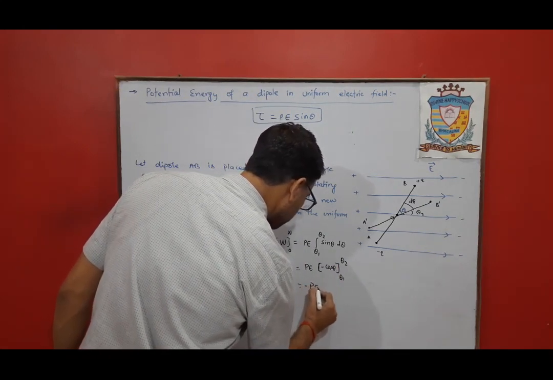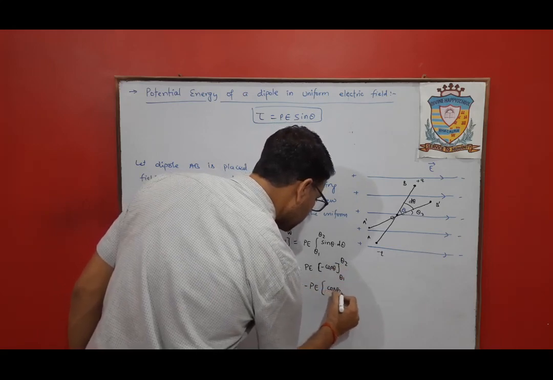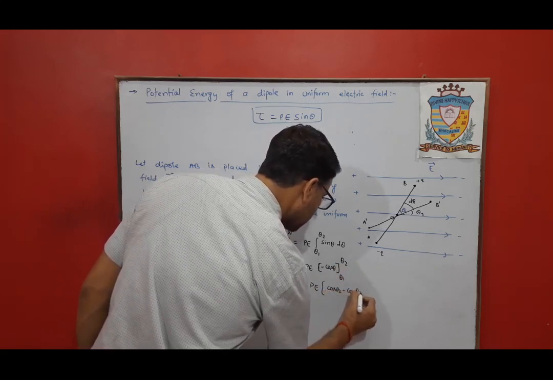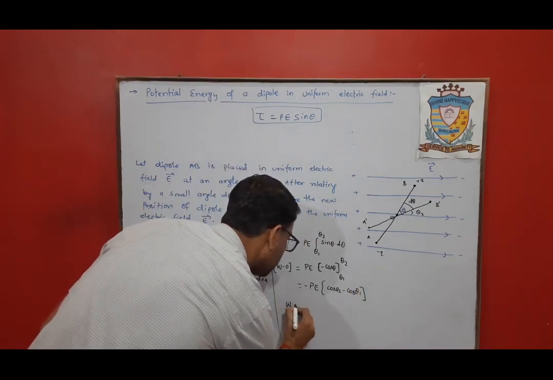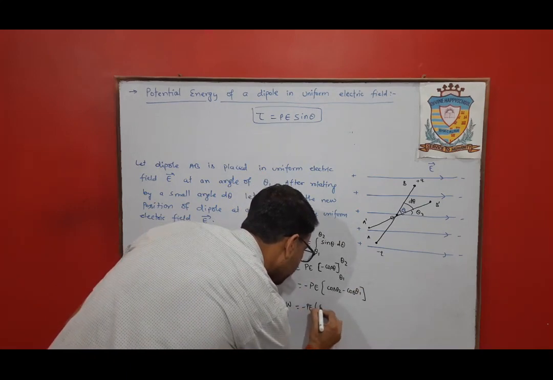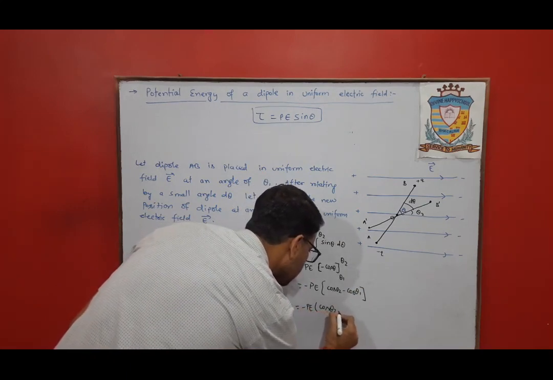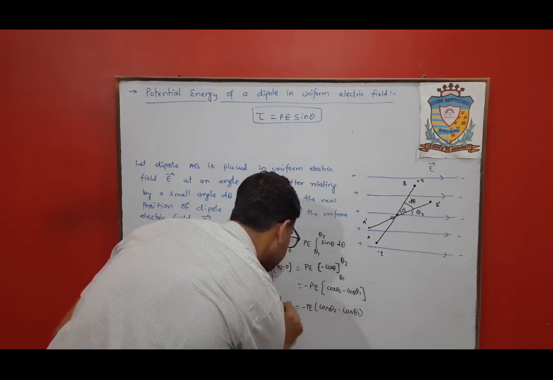So this will become minus PE and put the upper limit, that is cos theta 2 minus cos theta 1. So here it becomes W is equals to minus PE cos theta 2 minus cos theta 1.